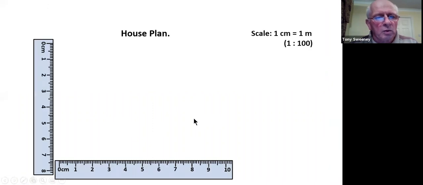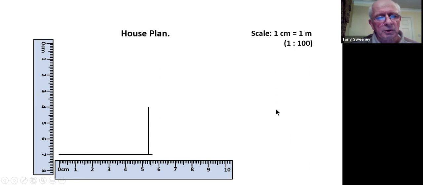Time's okay. Now this is a scale drawing. It's module 11. So this is a house plan, and these rulers are down as scale. So the scale is 1 centimeter equals 1 meter, or if you want it in ratio, that's 1 to 100.